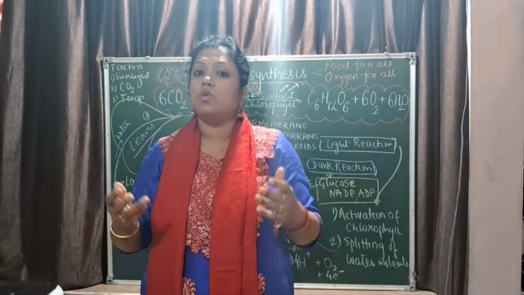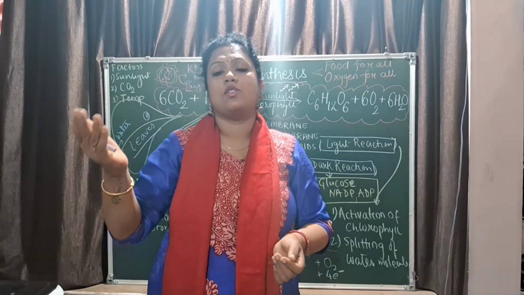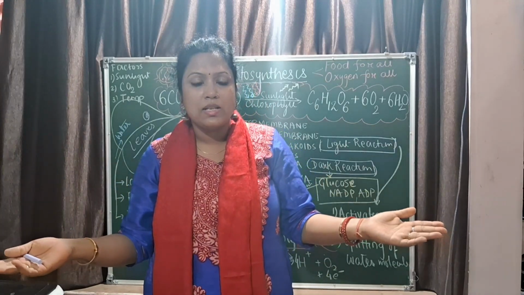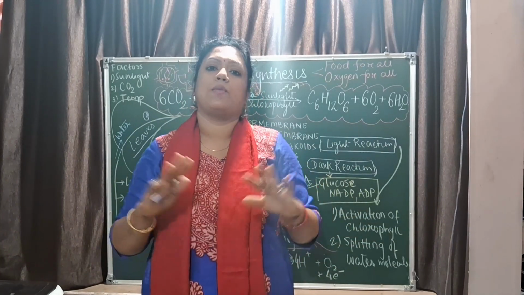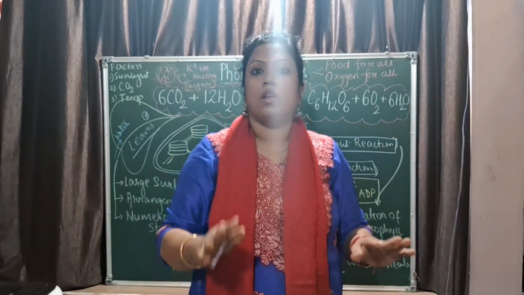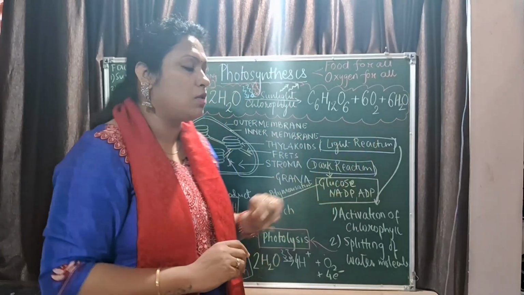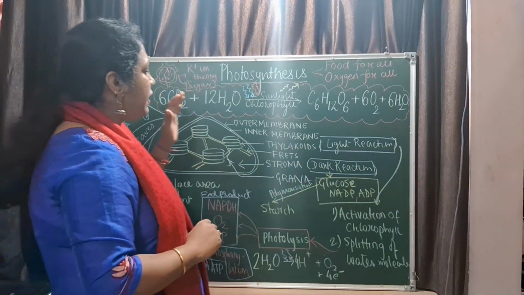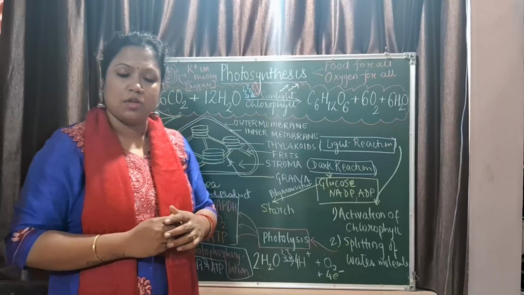At night when glucose is all utilized, the concentration in guard cells drops down, so water starts moving out from the guard cells, making it flaccid, and the stomata closes. So this is how the stomatal opening and closing works, and the two theories related to it. Okay.